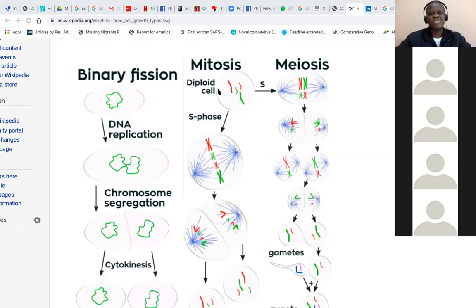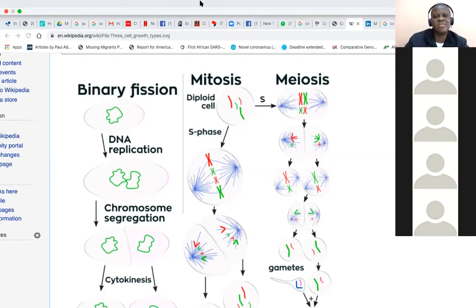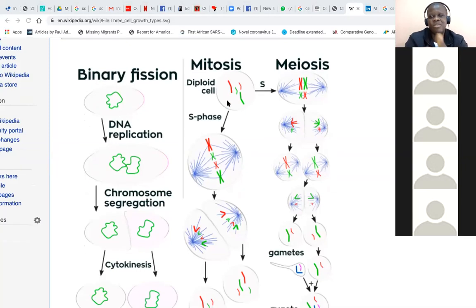So mitosis always starts with a diploid cell. And you know what diploid cells are? Cells that have the complete set of chromosomes, 2 copies, 1 from each parent. So the diploid status in humans is a cell containing 46 chromosomes. Depending on the organism, as I said in that class, the organism type will determine the number of chromosomes in the diploid cell.